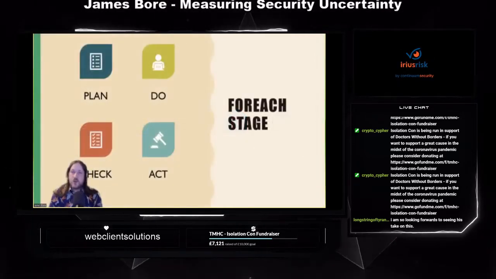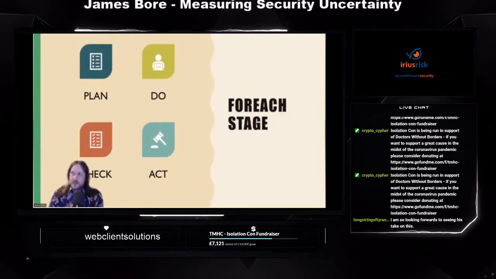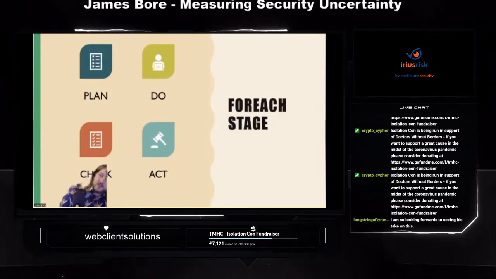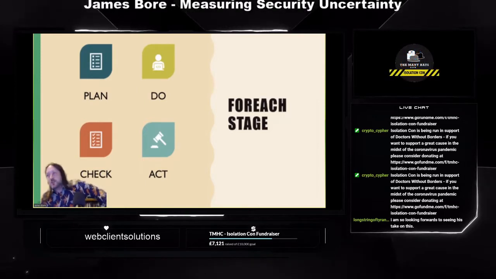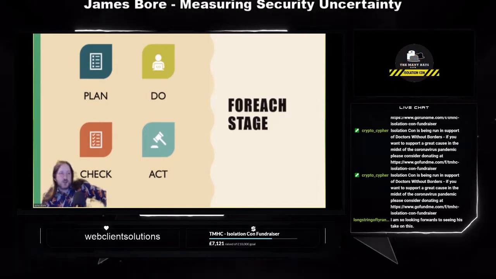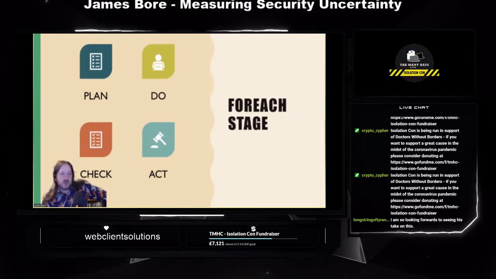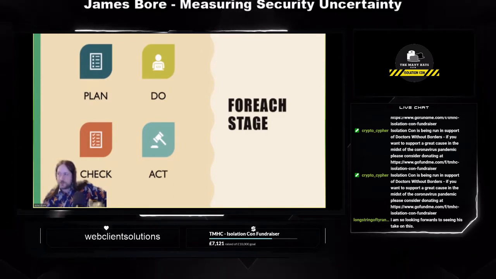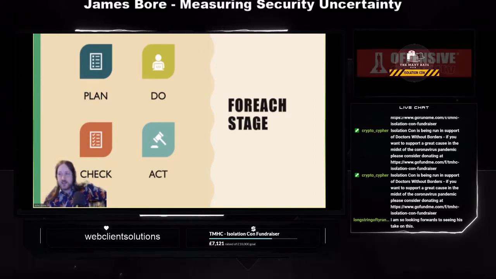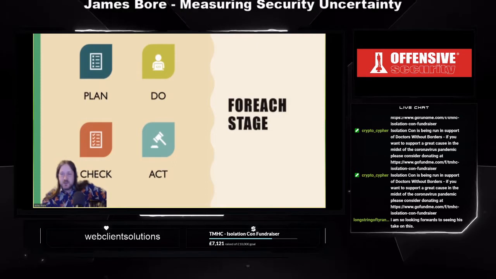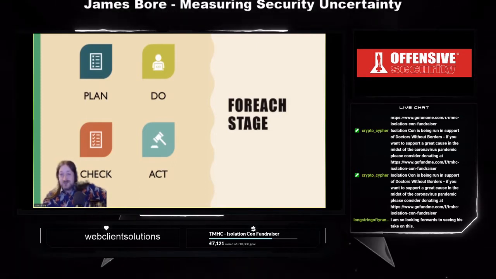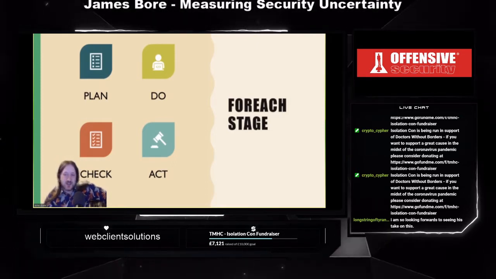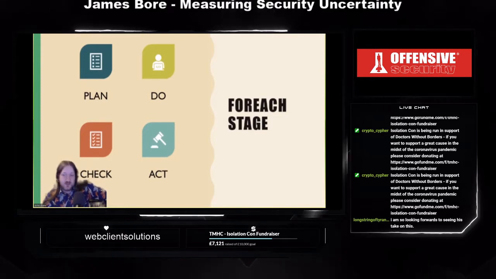And each one of those cycles has part of the Deming cycle in it. So plan, do, check, act, which hopefully everyone's fairly familiar with. Plan is, what are we going to do? Do is, do it. Check is, well, did what we did meet our plan?